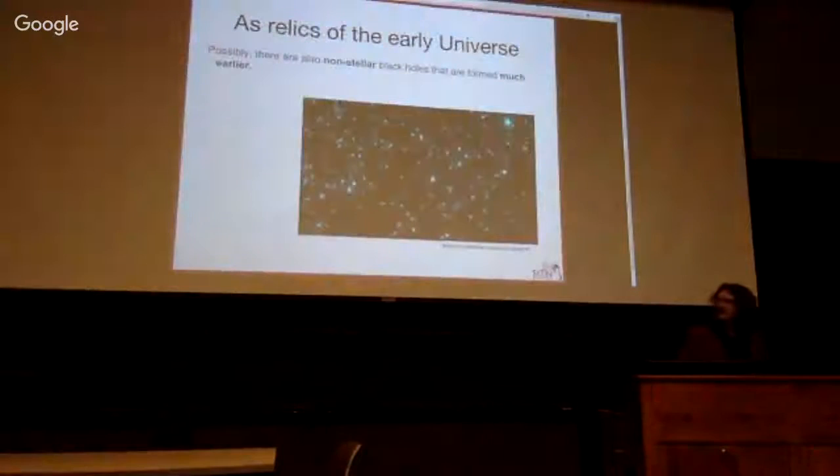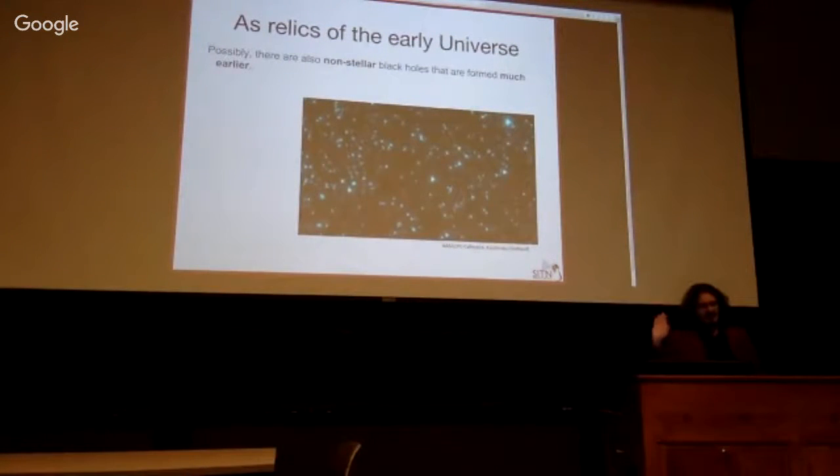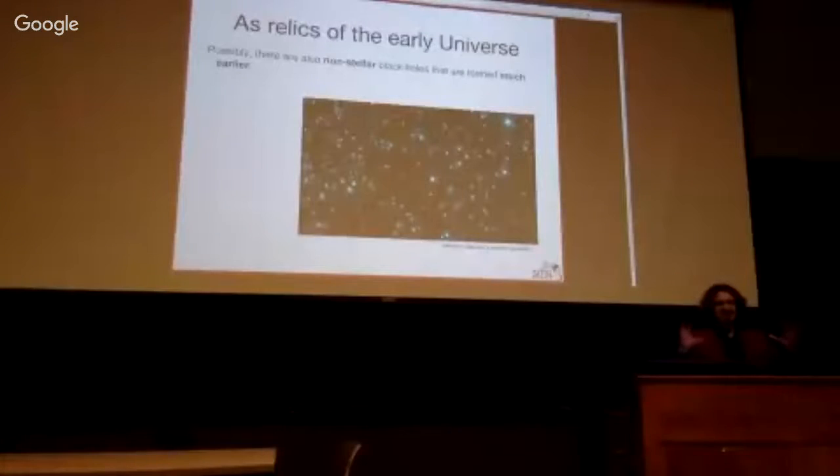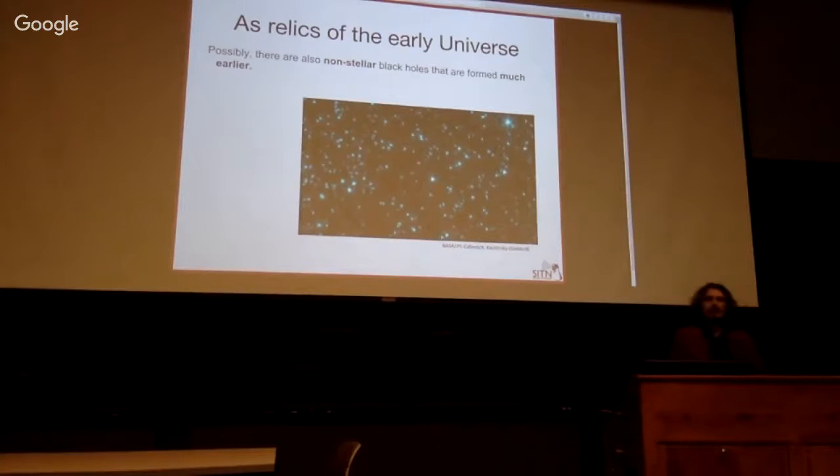The third type is more abstract, so I won't spend much time. If you think about the very early times of the universe, like the first second or so, we think that the universe in the beginning was very hot and very dense. In this very dense environment, you could imagine density irregularities collapsing into black holes. These are very old black holes, some 13.8 billion years old. And that's the third type.